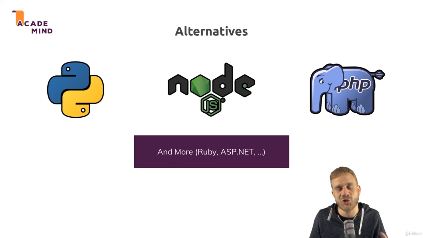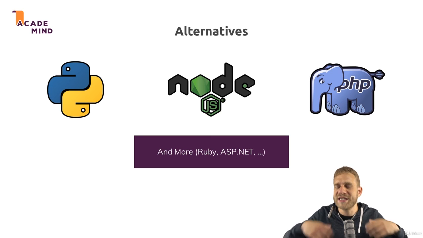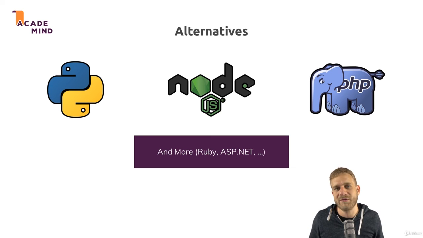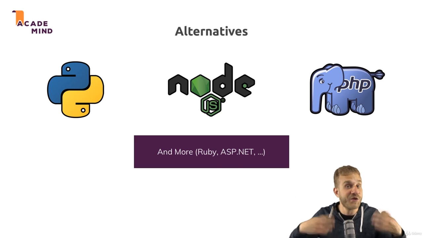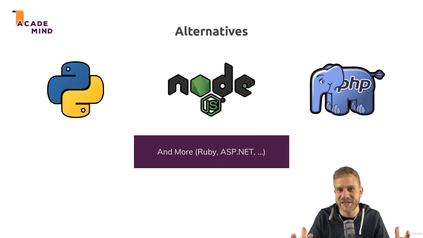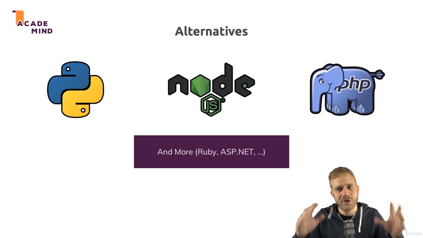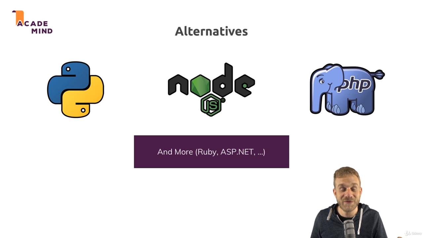The huge advantage, or one huge advantage of Node.js, is that it uses JavaScript, a language which you need so much in modern web development, for all the front-end, for some build tools. And if you then can also use it on the server side, you don't need to learn a bunch of different languages. You can use one and the same language and then use that for your server-side code too. This is why Node.js is a great language to learn.